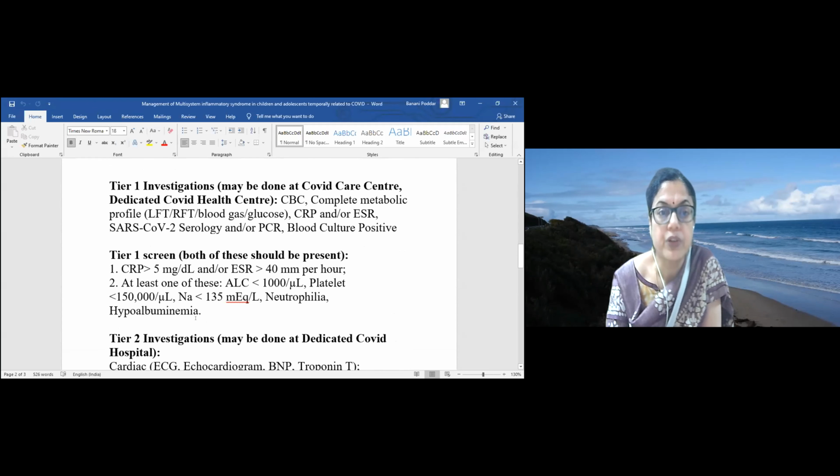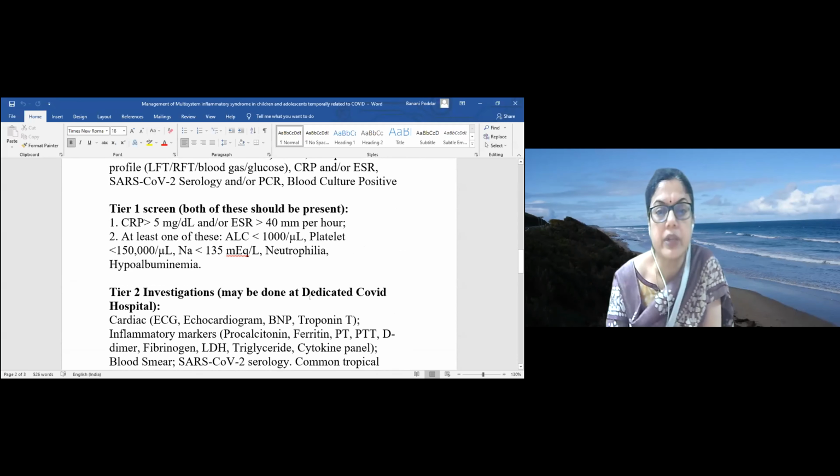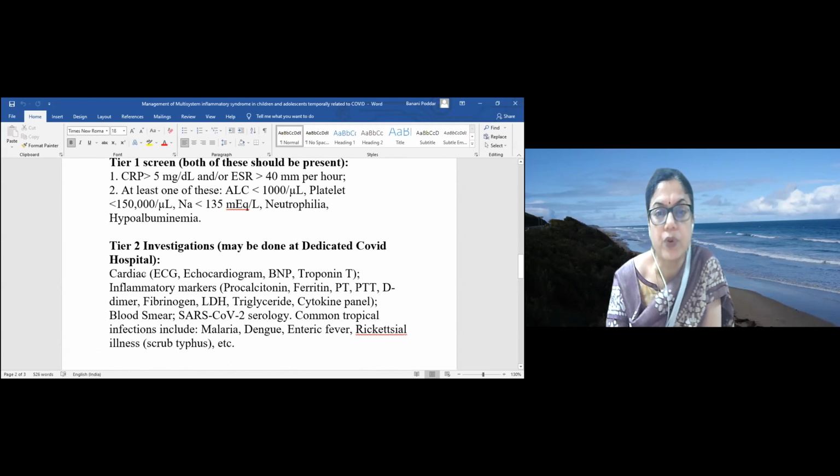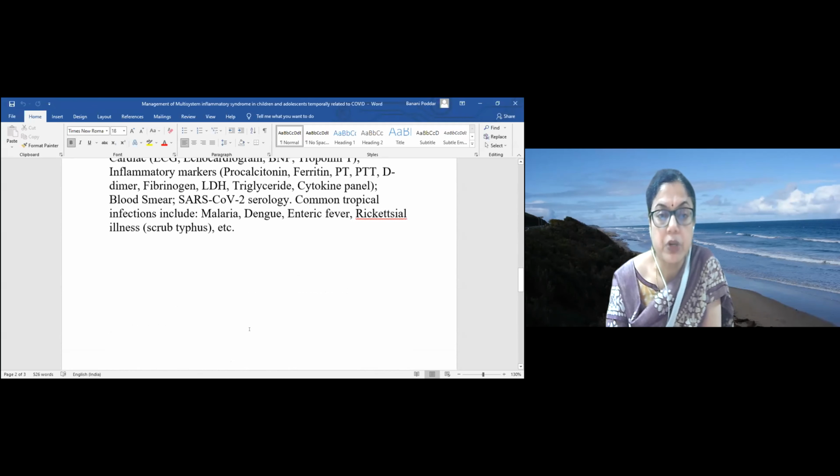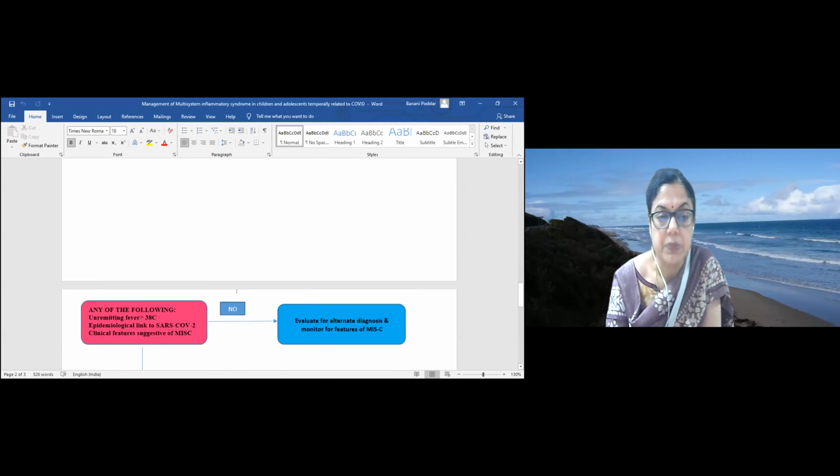Look for also neutropenia, hypoalbuminemia. And if at all anything is suspected, then we would go for cardiac markers. And along with that, SARS serology, and of course, common tropical infections. It's very important because these can all mimic the condition that has been said.